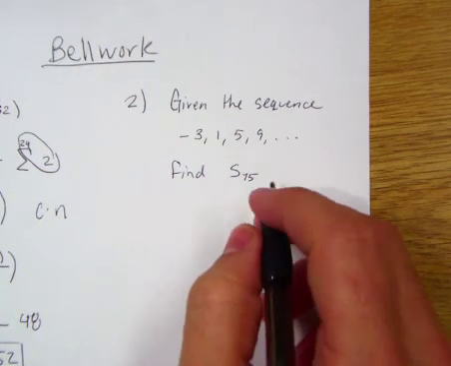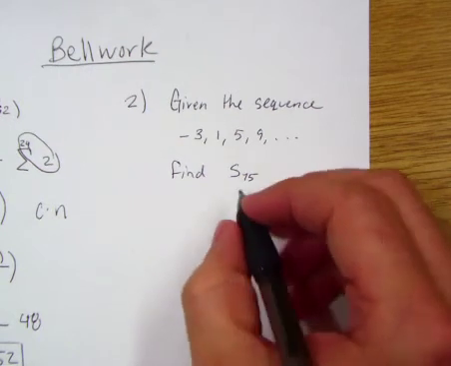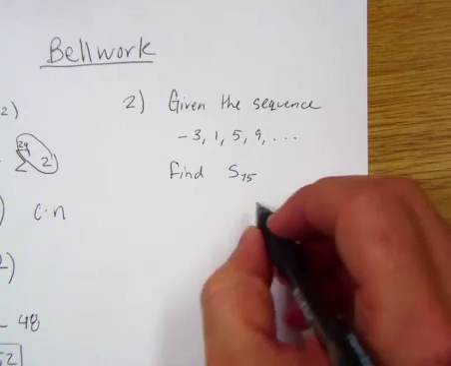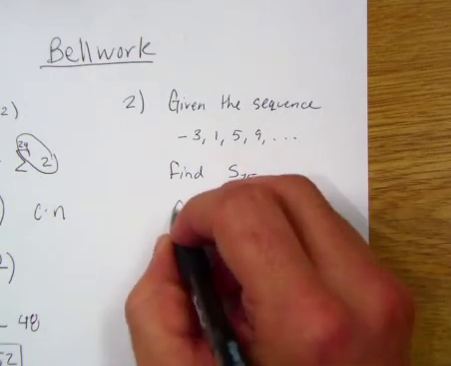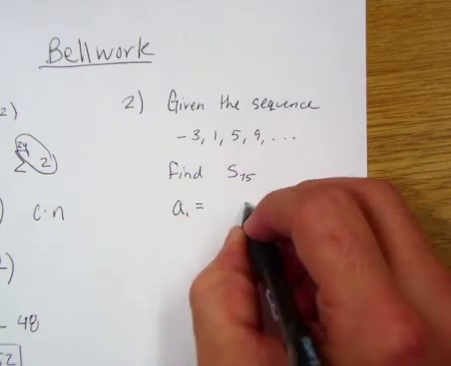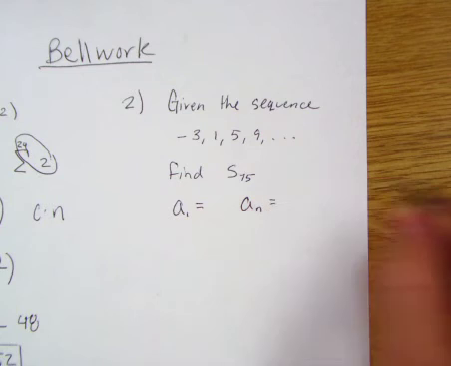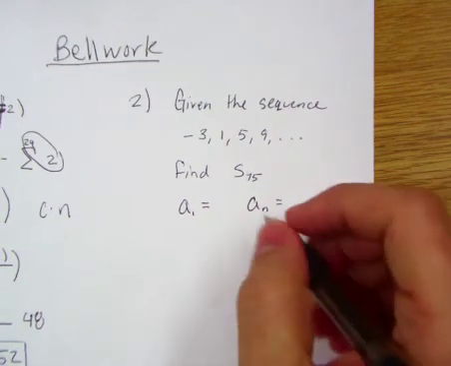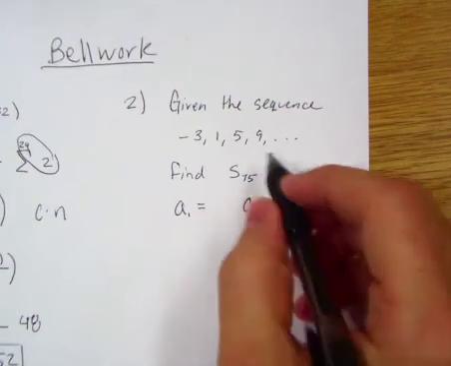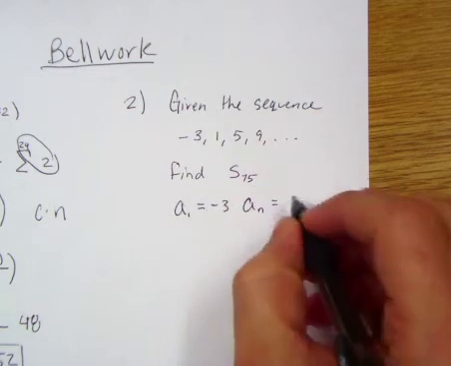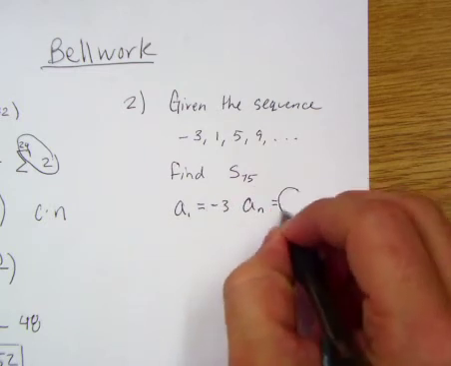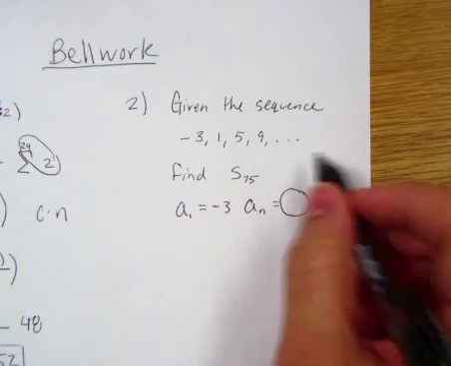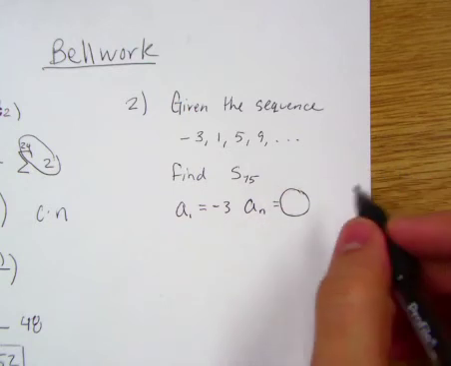So if you remember from last class, in order to find the sum of any arithmetic sequence, you need the first term and you need the last term. And the formula again should be on the board for this. But the problem is I'm only given the first term. I don't know the final term. The dot, dot, dot tends the sequence.